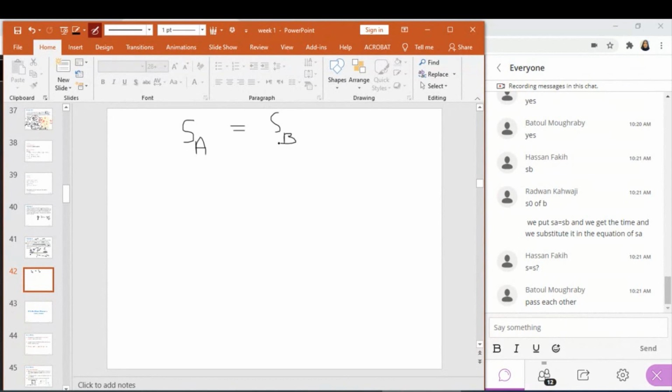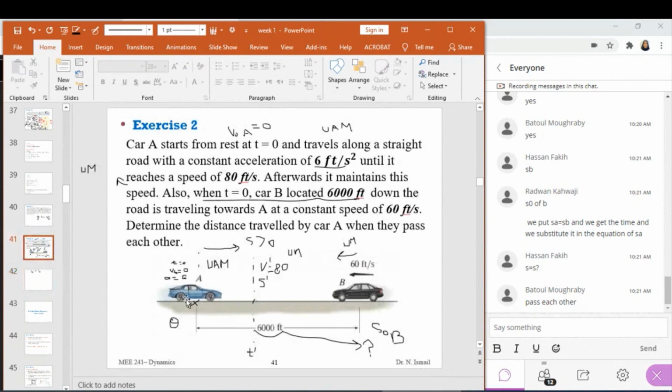So guys, when they pass each other, the position of A should be equal to the position of B, all right? And this position is from the same origin O. And I have, guys, to always stick to the same positive S direction.